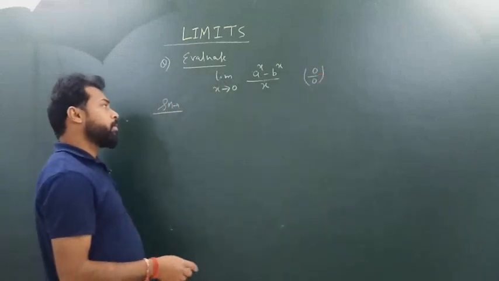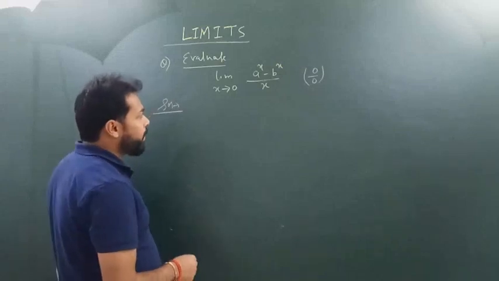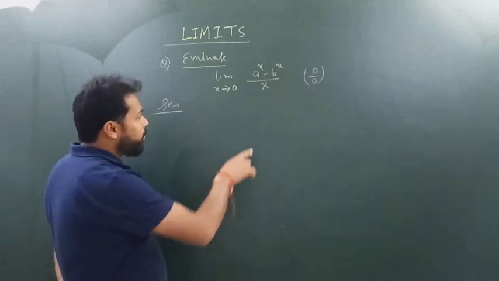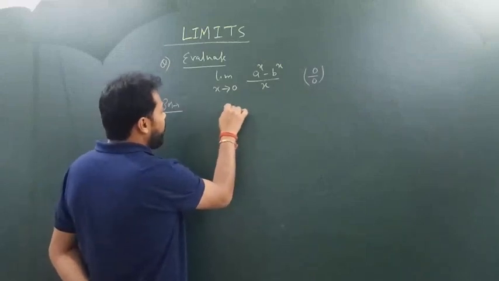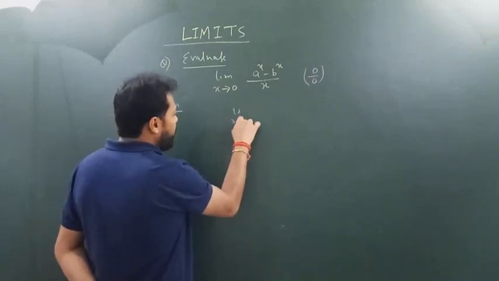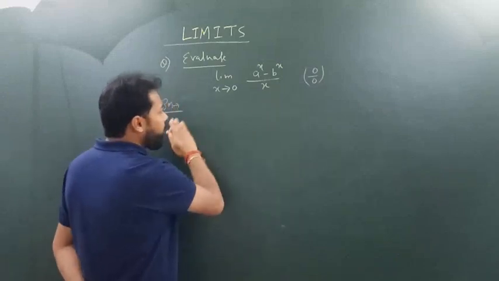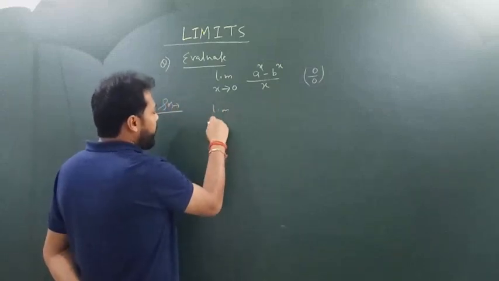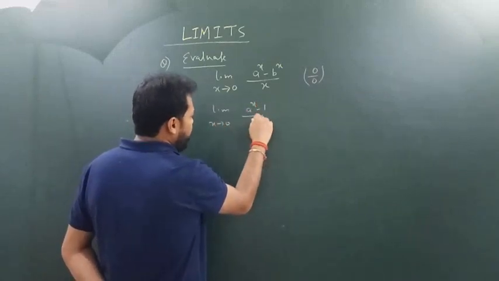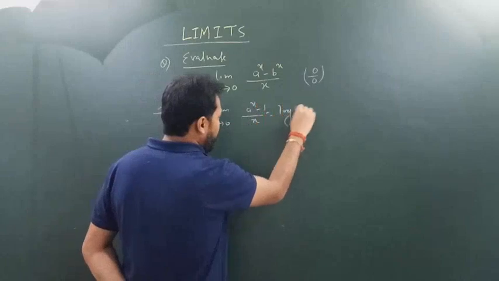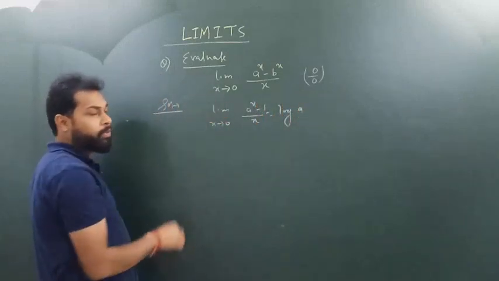We can solve this question by L'Hospital also, but that will be more lengthy. So better we will apply another result we have: limit x tends to 0, (a^x - 1)/x is log a. That formula we will use here.